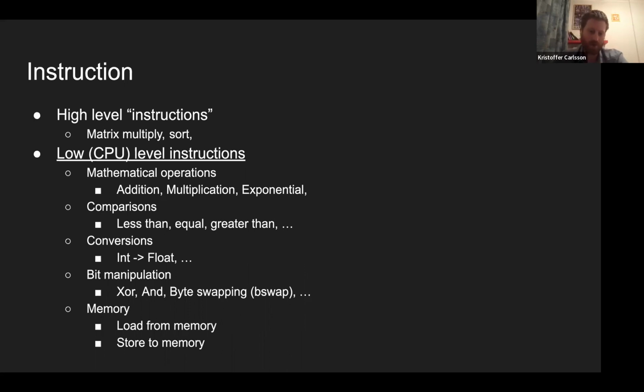Comparison, so we can compare two numbers: less than, equal, greater than, and so on. Some conversions between, for example, integers and floats. We can do bit manipulations, swap bytes, and so on. And then, of course, dealing with memory, so we can load from memory and store to memory. All these high-level instructions, in the end, boil down to executing a lot of these low-level instructions. And these low-level instructions are what SIMD is about.